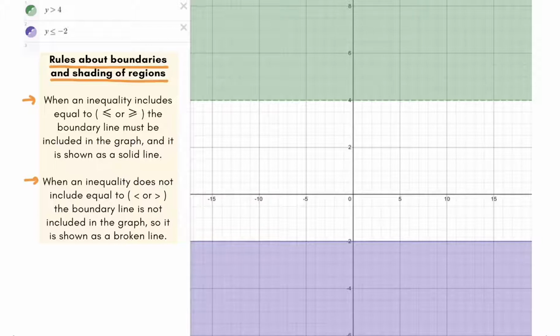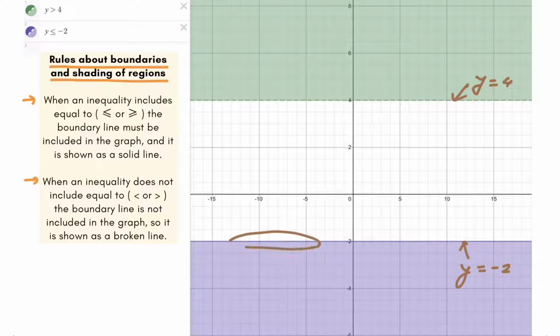See, in this question, you have a graph and there are two portions or regions which are shaded. First of all, the equation of this broken line is y is equal to 4, and the equation of this solid line is y is equal to negative 2.